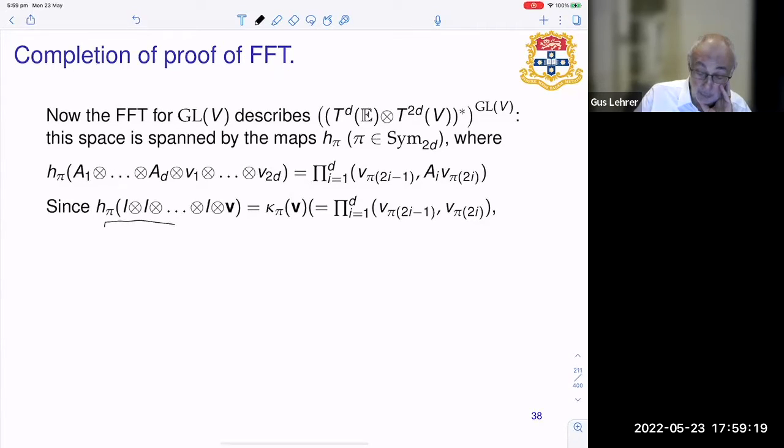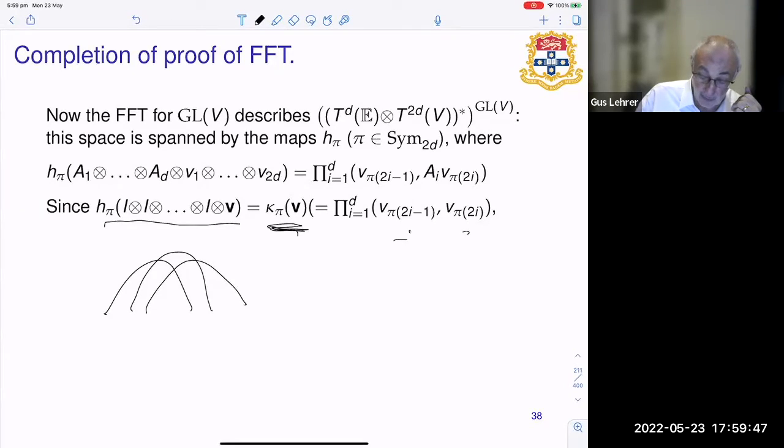If you apply this formula to this particular case, then you get just this kappa pi, which we saw before. Now, I should point out that this kappa pi can be thought of as nothing more than a way of pairing these elements. If you write the elements of the tensor down there, you just have to say which one is paired with which and in what order, and this is exactly what happens.